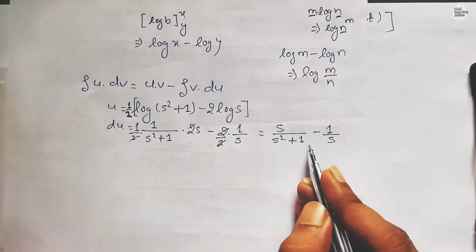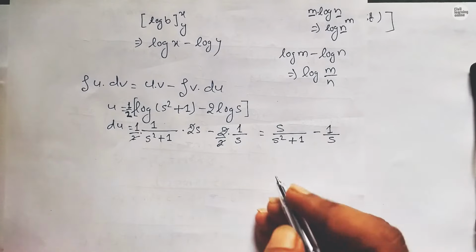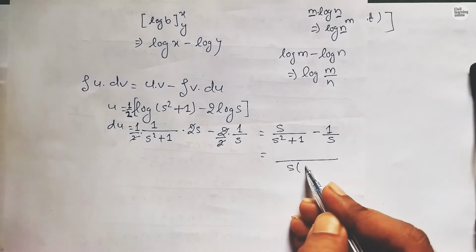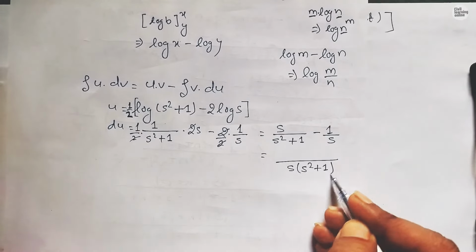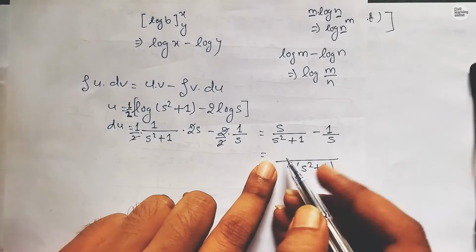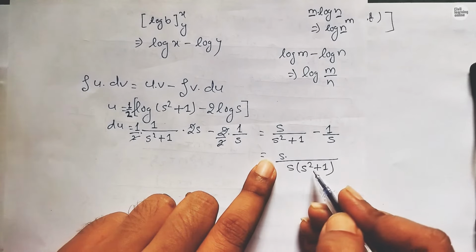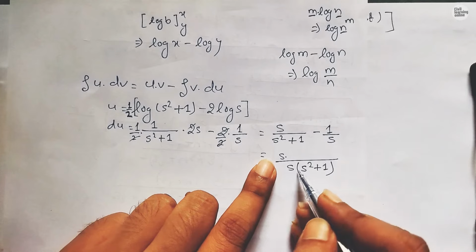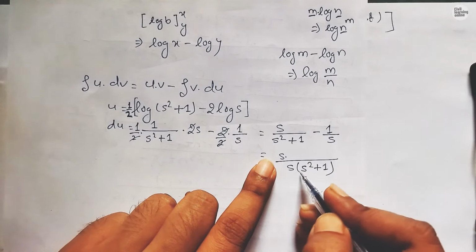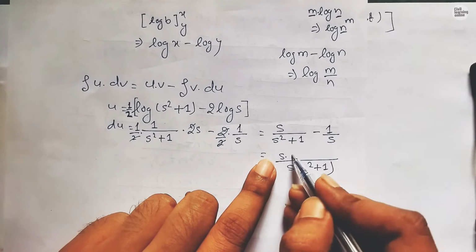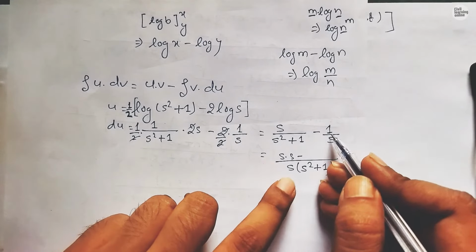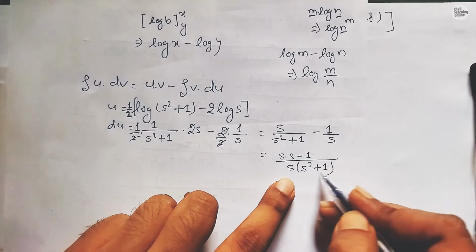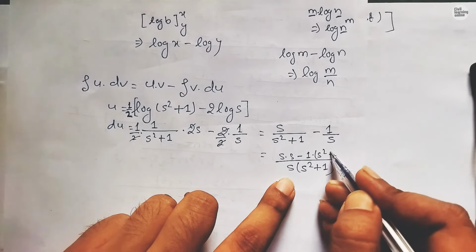And on solving this into a single term, let's take the LCM. We will have here s times (s square plus 1) in the denominator, and in the numerator this s will get multiplied with the remaining item on the LCM, so s times s, minus, and this 1 will get multiplied with the remaining item, that is s square plus 1.